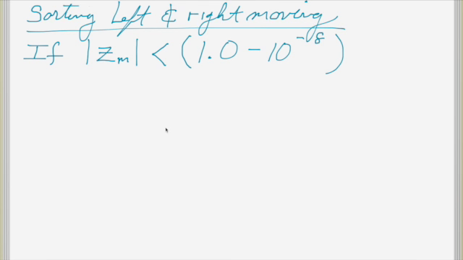Why does the 10 to the power 8 factor come in? It's just something that gives you a number less than 1, but it was also based on the numerical precision we found by trial and error. If it's closer to 1 than that, you don't know whether it's really less than 1 or whether it's just numerical noise.